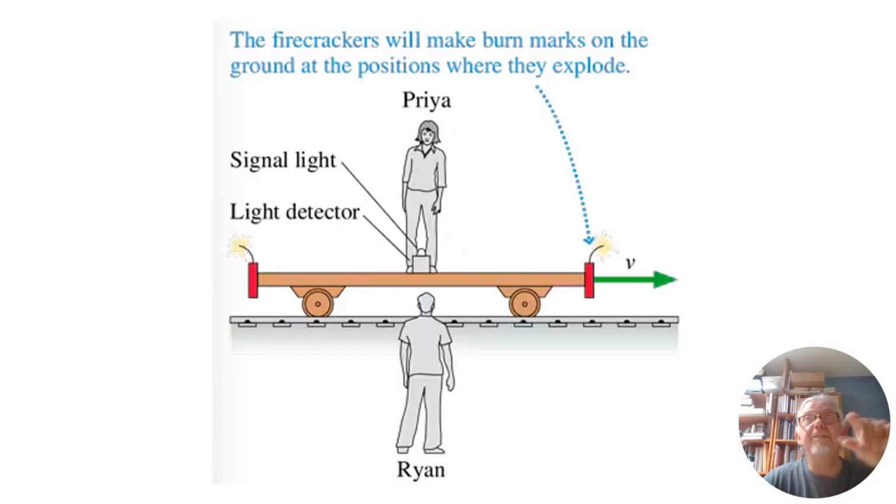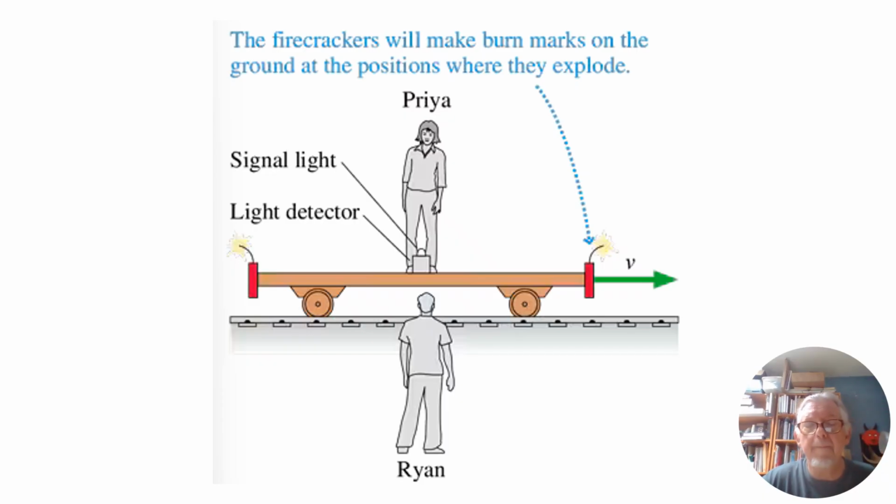And if the detector on the right receives a light signal from the explosion first, the detector will flash green on the top. If the detector facing left detects the light from the left firecracker explosion first, the detector will go red.